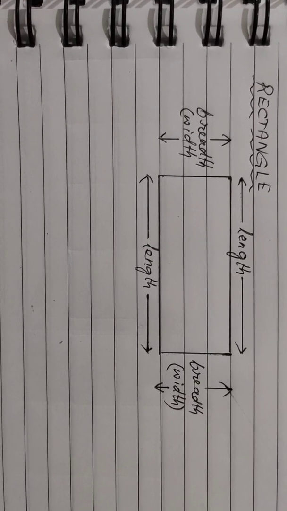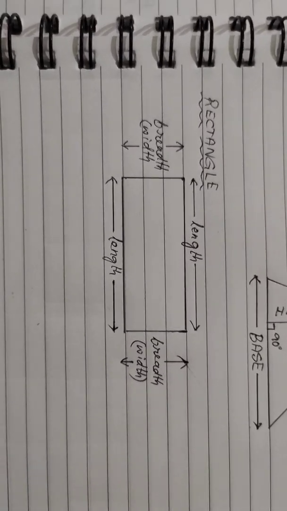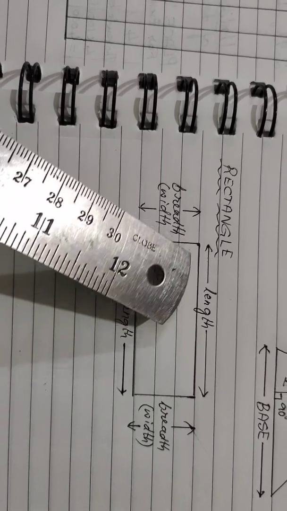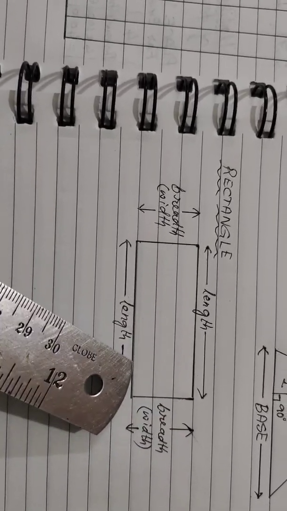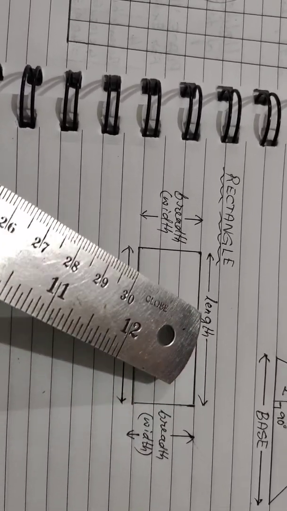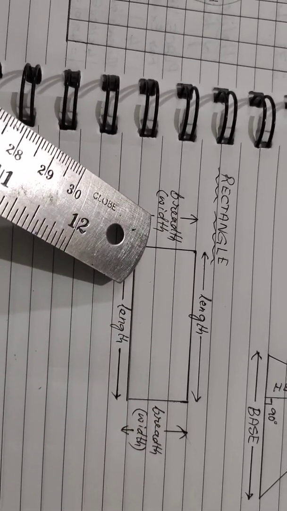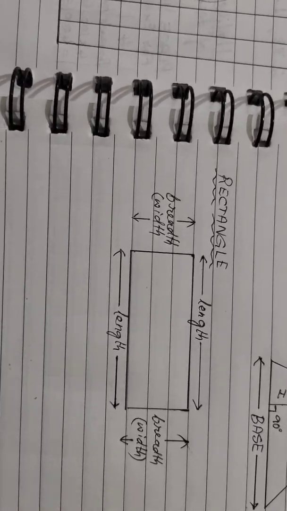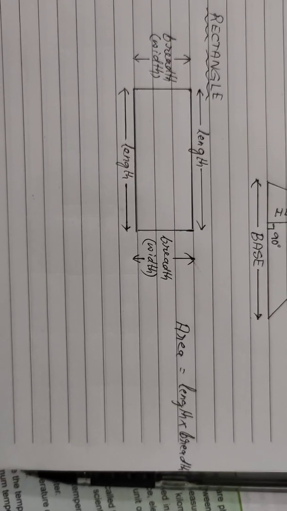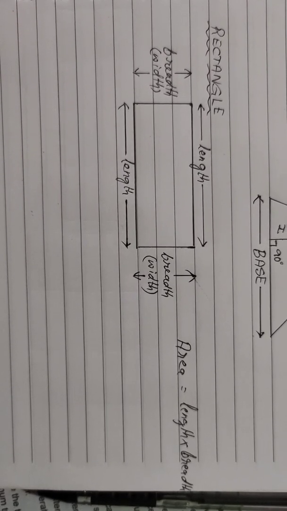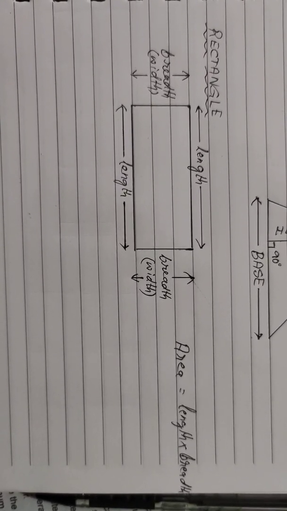Now here is a rectangle. A rectangle is a 4-sided closed figure, 1, 2, 3, 4, which has 2 long sides equal to each other, called length, and 2 smaller sides, known as breadth or width. So the area of this rectangle is length into breadth, 1 length into 1 breadth.